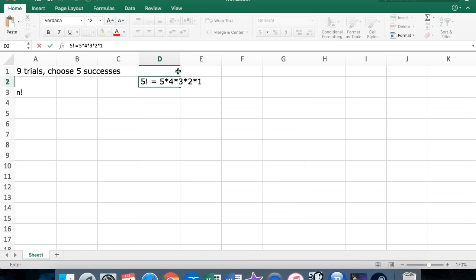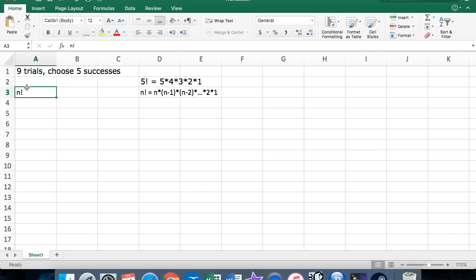So this is what 5 factorial would look like. So n factorial would be n times n minus 1 times n minus 2 times dot dot dot times 2 times 1. However large your n is, this would be it in general.